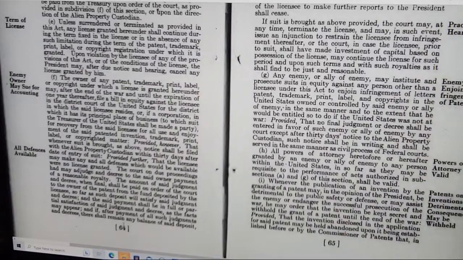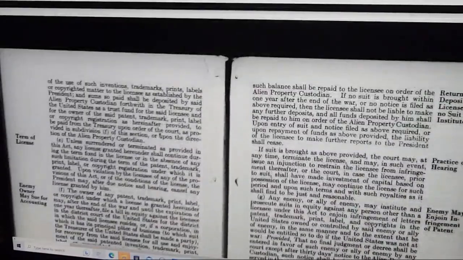The amount of said judgment and decree, when final, shall be paid on order of the court to the owner of the patent from the fund deposited by the licensee, so far as such deposit will satisfy said judgment and decree, and the said payment shall be in full or partial satisfaction of the said judgment and decree as the facts may appear, and if after payment of all such judgments and decrees there shall remain any balance of said deposit, such balance shall be repaid to the licensee on order of the alien property custodian.